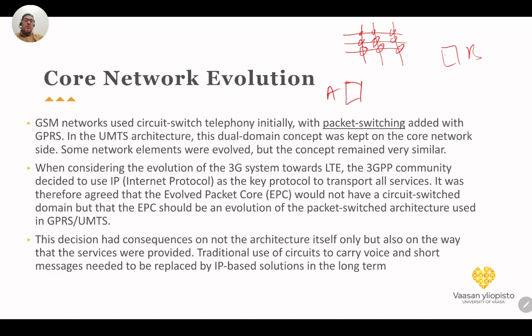Now if we connect this one to user B, and also connect this one to user A, and we want to connect A to B, then I switch on the connection between A and B. So A is here, and just to give this example, this is this one and this one, so we can have circuit switching between A and B. The circuit switching actually means that we have a physical connection between user A and user B.